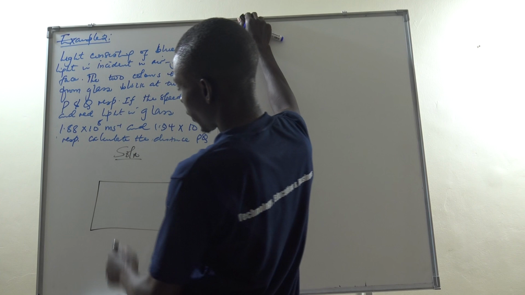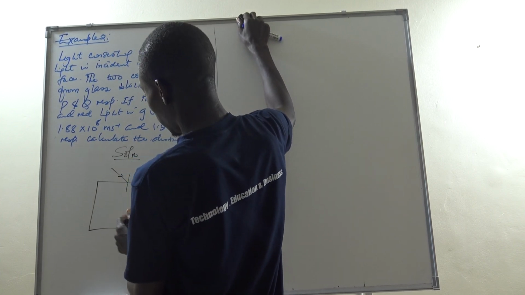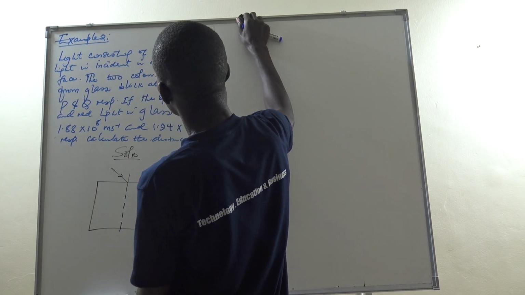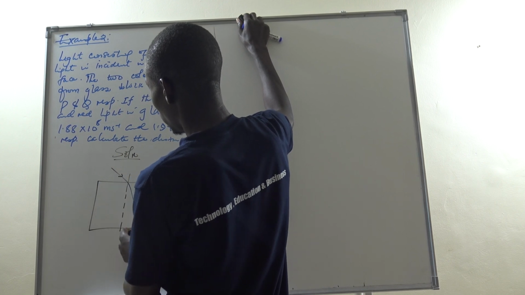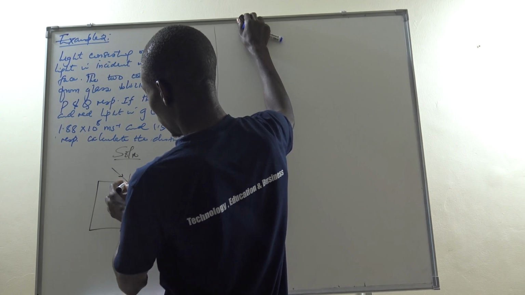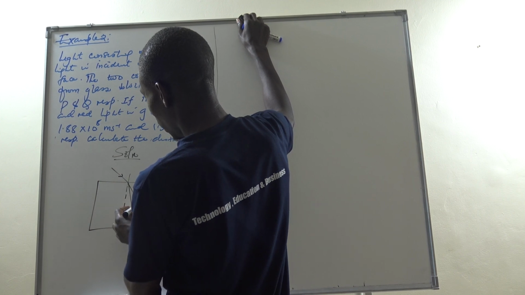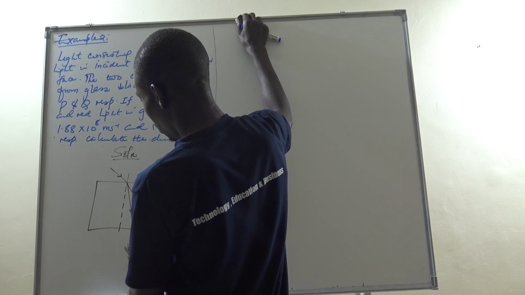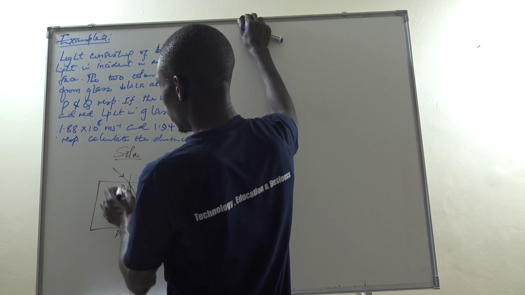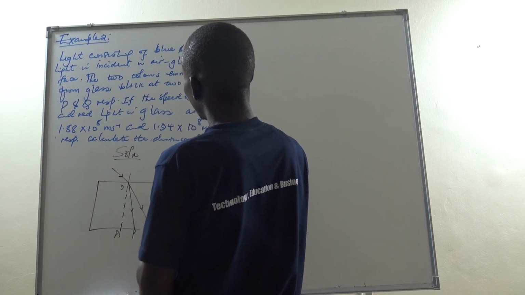Okay, so we are saying that white light is incident, and they are moving out at the points P and Q. Maybe this is A, this is O. So the light has red and blue.